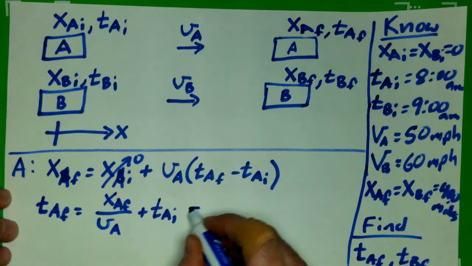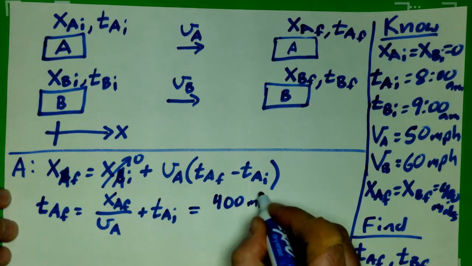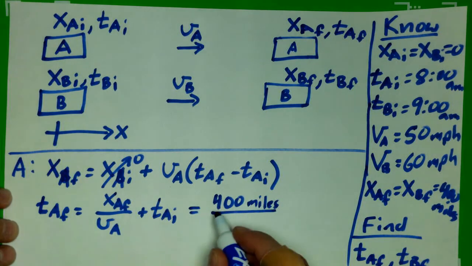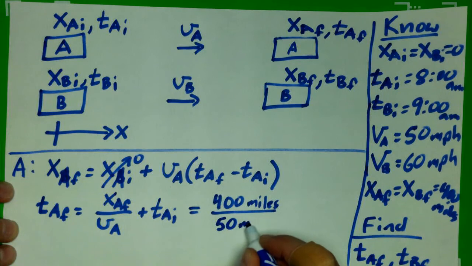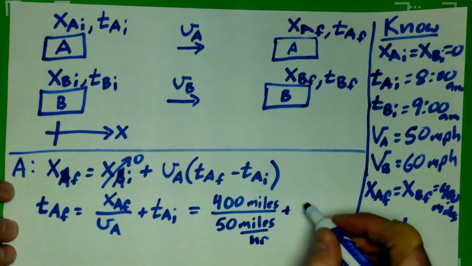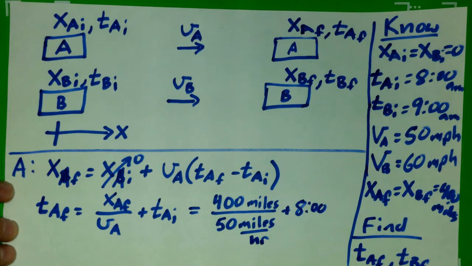So for A, we have 400 miles, going at 50 miles per hour, and then we're going to add 8 o'clock. Okay, so this is in the correct units.